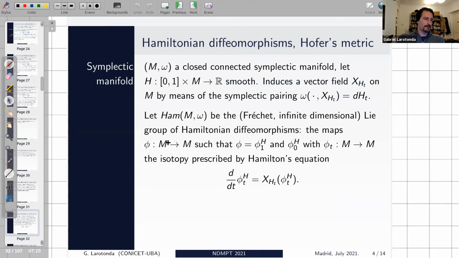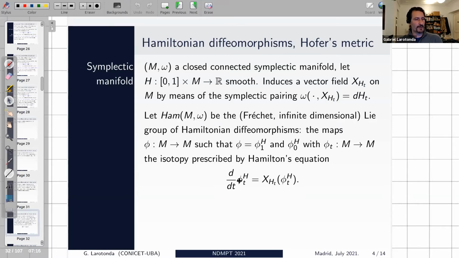You can take any diffeomorphism of M that will be an element of Ham, but you want it to be reached with what we call an isotopy, which is described by Hamilton's equation in the symplectic manifold, right? You have this symplectic vector field.